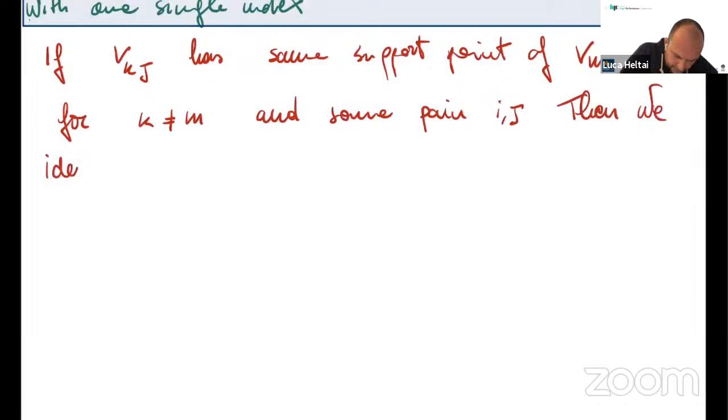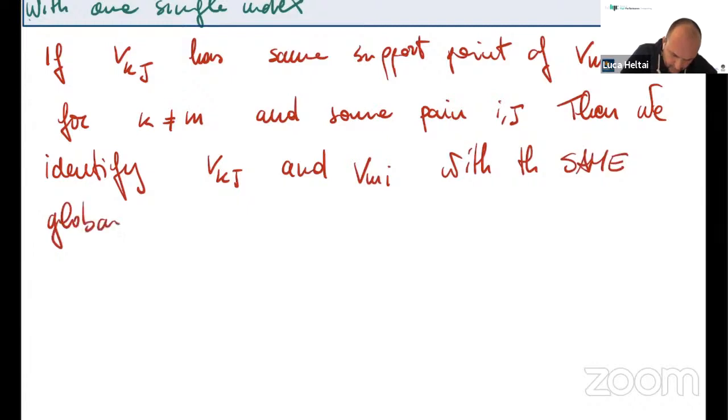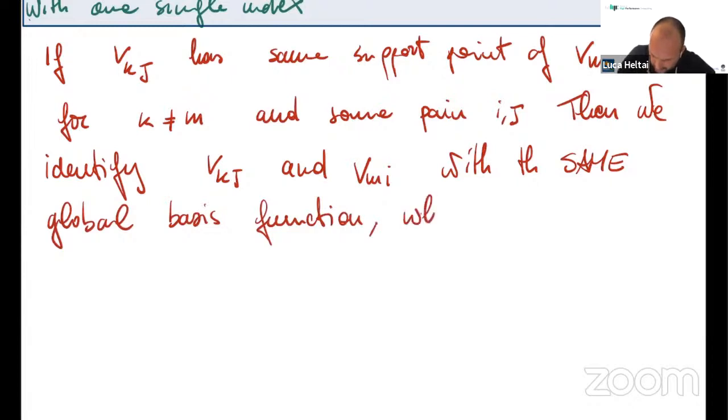we identify v_kj and v_mi with the same global basis function, which is V, and now here we have the global to local (k,i), (k,j).